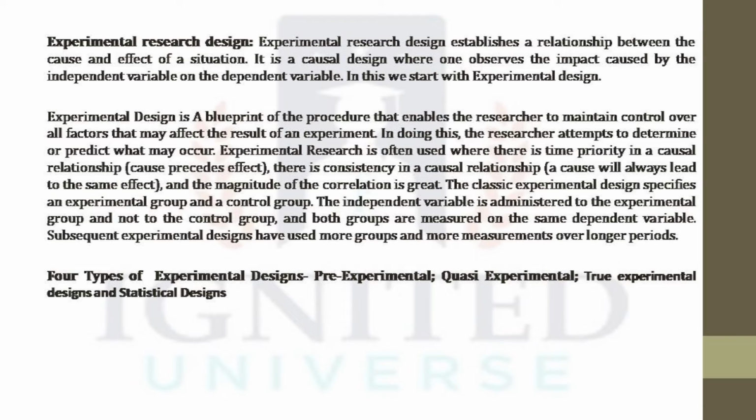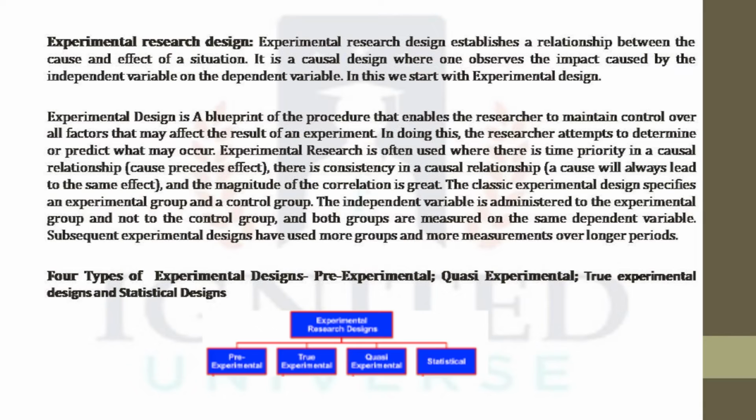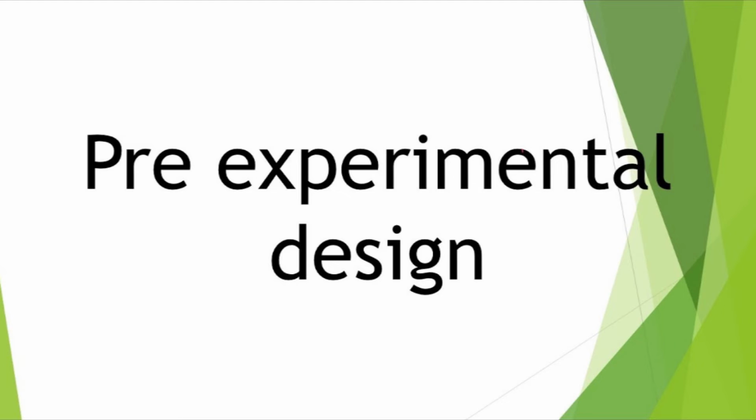When we are considering the design of experiments, there are primarily 4 types of experimental designs. First is pre-experimental designs. These are the designs wherein observation is taken after the application of the treatment. This also includes the one group pre-test, post-test design, where one observation is taken prior to the application of the treatment and the other after the application of the treatment, and is compared with the static group.